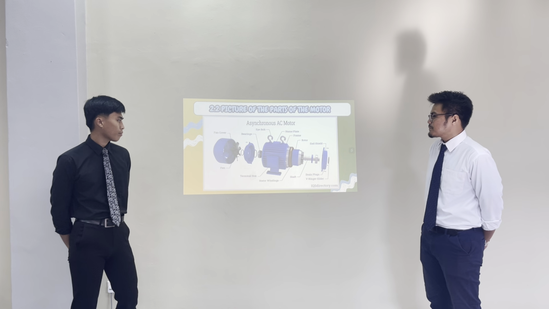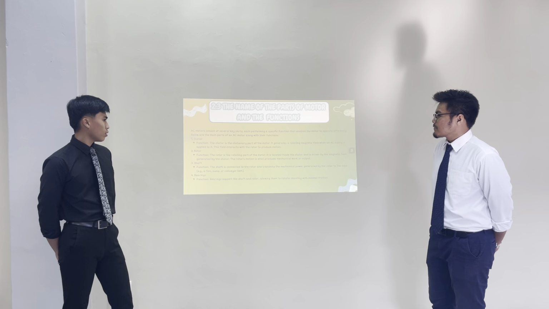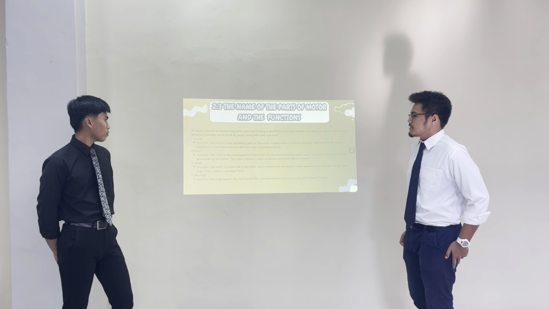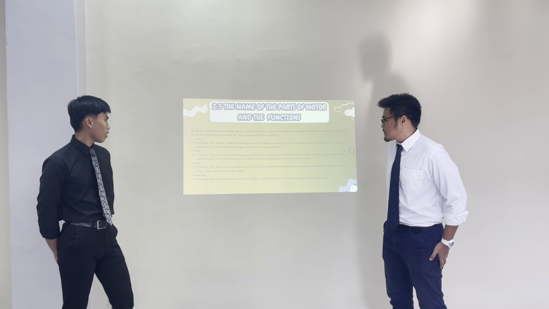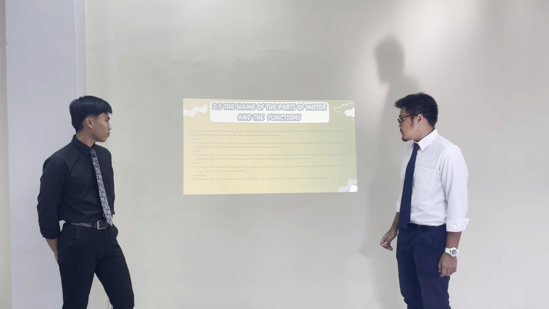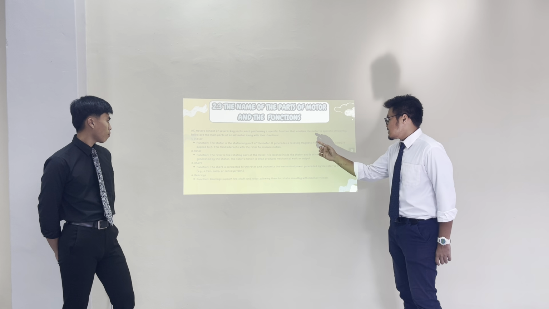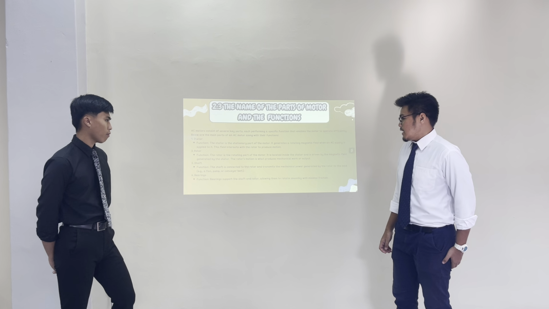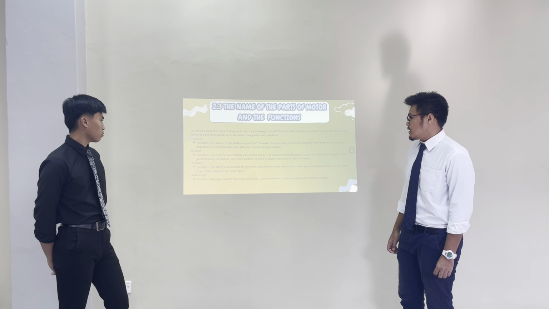Next. The names of the parts of an AC motor and their functions. An AC motor consists of several key parts, each performing a specific function that enables the motor to operate efficiently. Below are the main parts of an AC motor along with their functions.